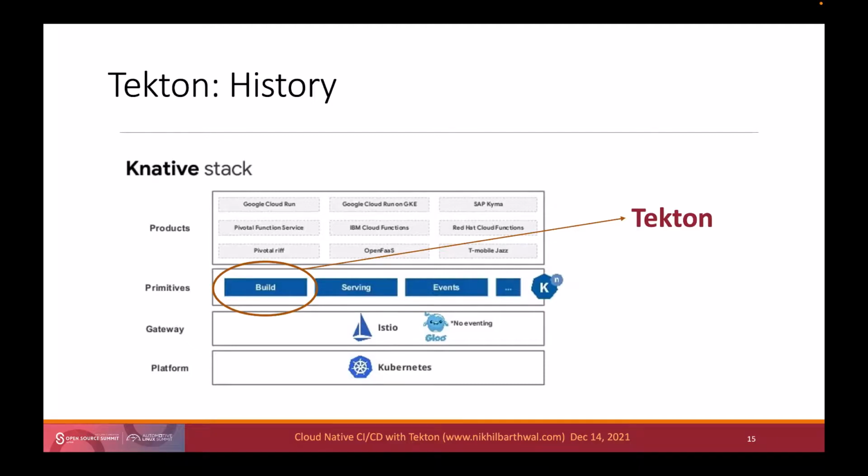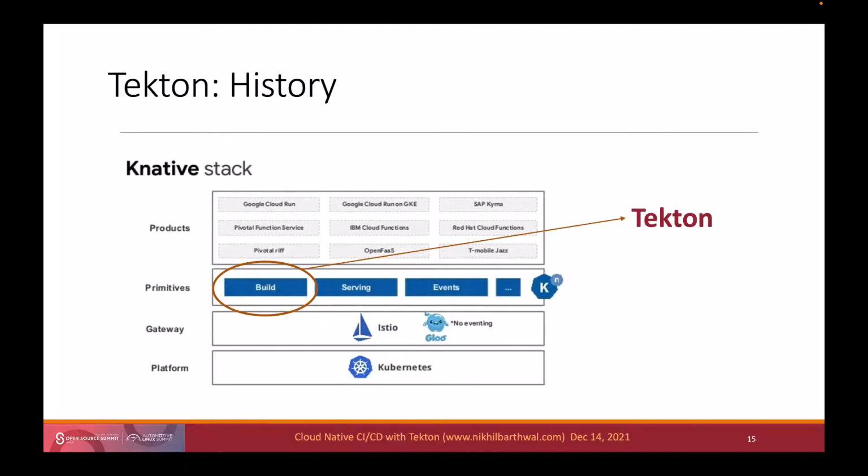So you have Kubernetes, you have the Istio gateway, your service mesh, and on top of it you have these Knative components. You had three components: build, serving, and eventing. Serving would handle the traffic, build would handle all the building of the container images, and eventing would handle how the events are being consumed. That's how the eventing framework works.